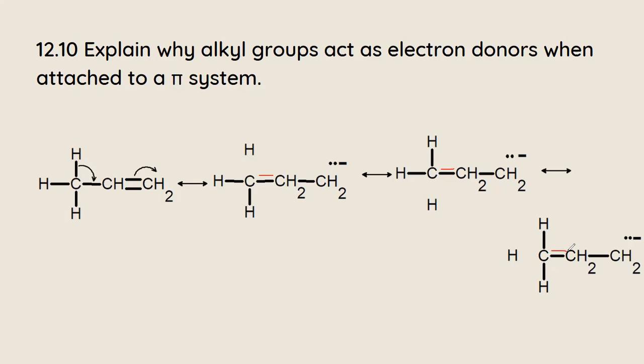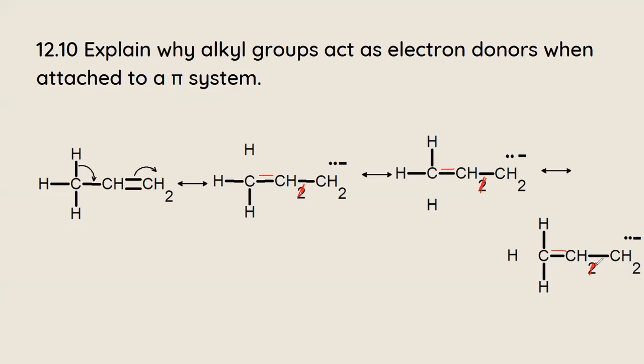And that is why the alkyl groups, when they're attached to a pi system, will automatically stabilize it. And one more thing, if these hydrogens were also alkyl groups, they would automatically have made the structure more stable. Oh, sorry, there is no hydrogen. It's only a CH.